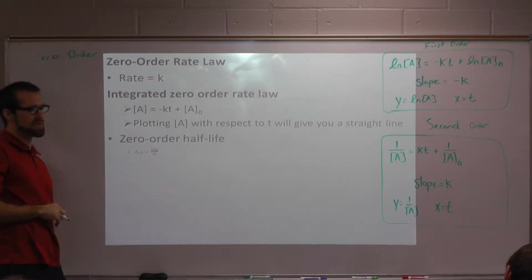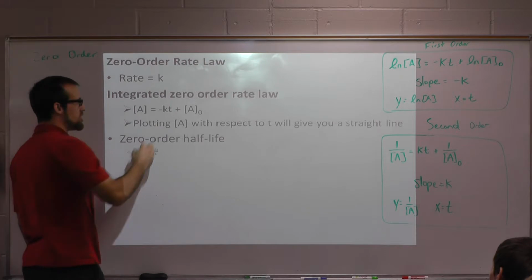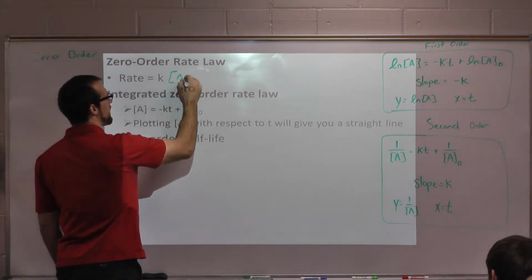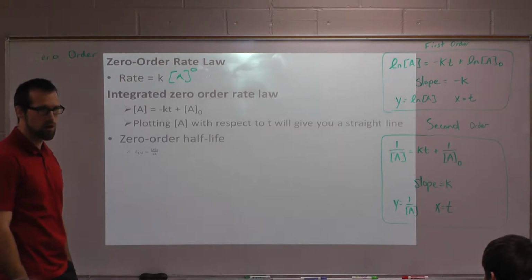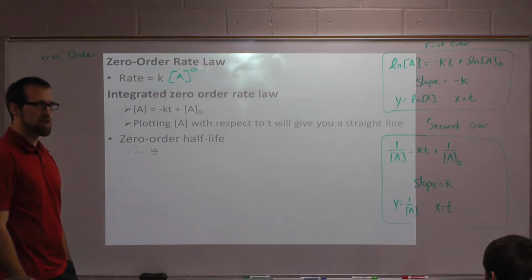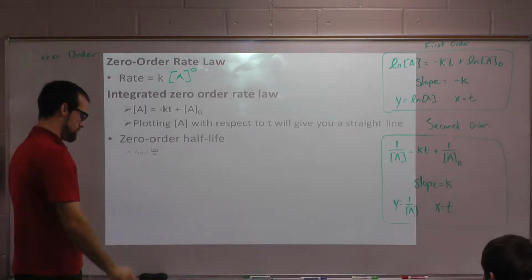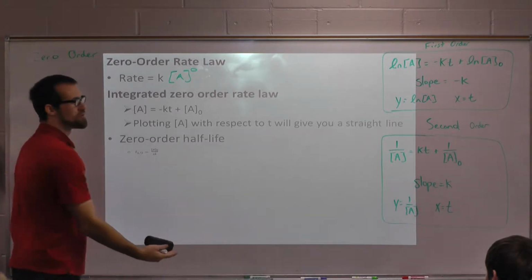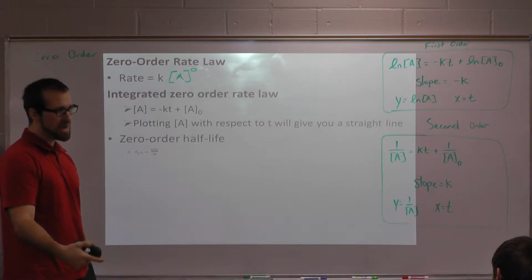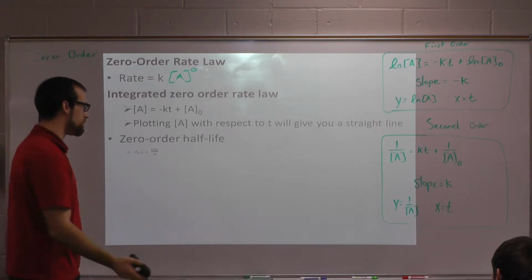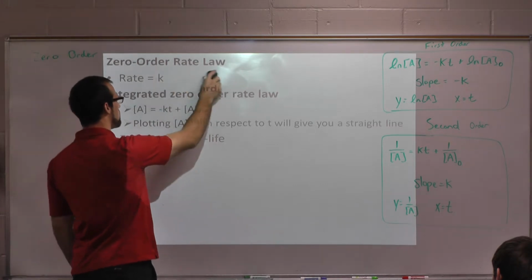Why does that make sense? Because you don't have concentration. Well, you do have concentration, but it has no effect. A to the 0 power is 1. So you could change the concentration all you want, and it's not going to change the rate. Now, usually you don't find a reaction where you only have one reactant in its 0 order, but it's possible.